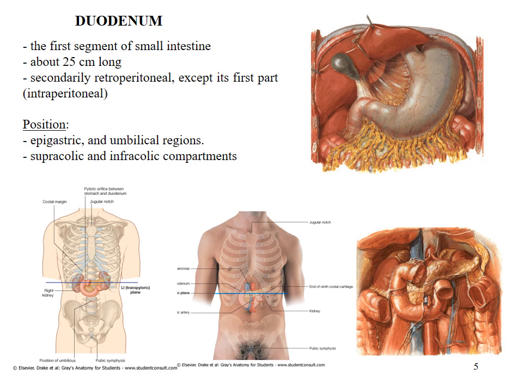The superior part and the superior part of the descending part of the duodenum are situated in the supracolic compartment, and the horizontal, ascending part and inferior part of the descending part are situated in the infracolic compartment.